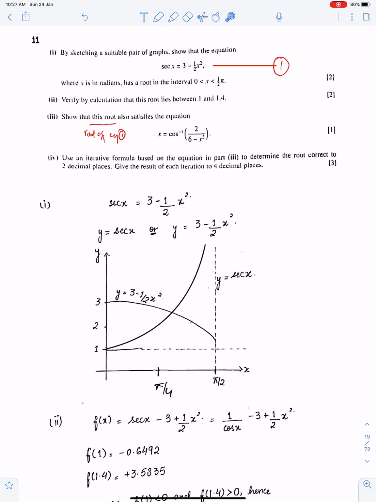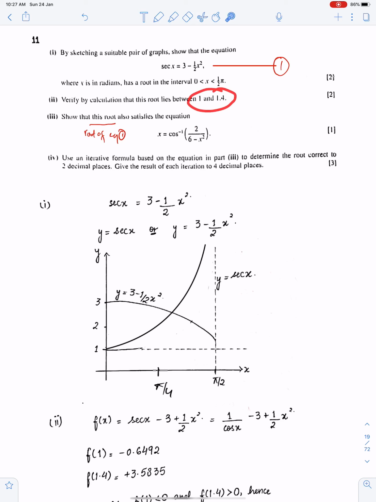Sad face from 3. Negative x squared means a sad face and 3 means the turning point is at (0, 3). Hence shown, there is just one point of intersection, so one solution in this domain.